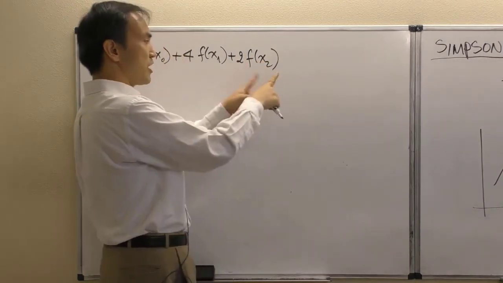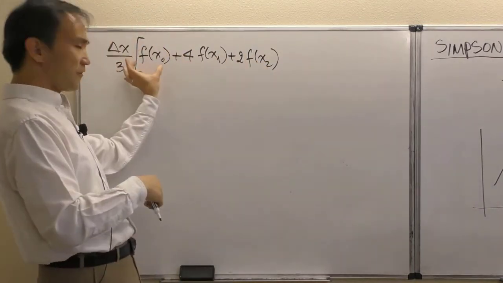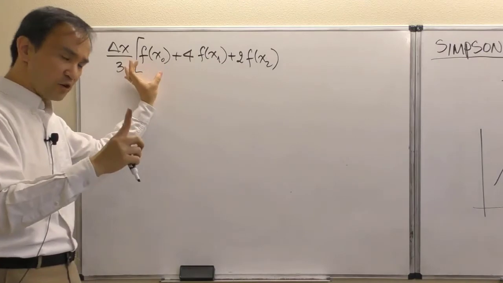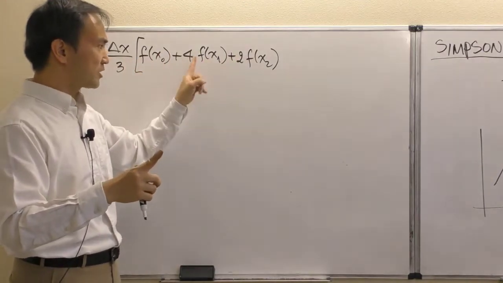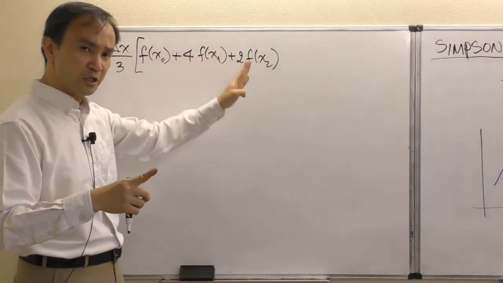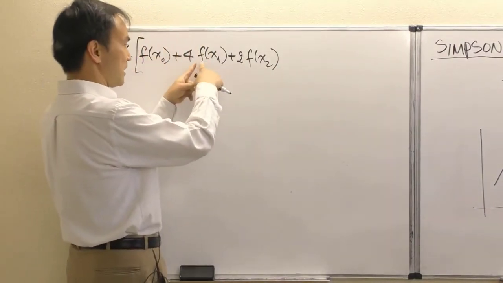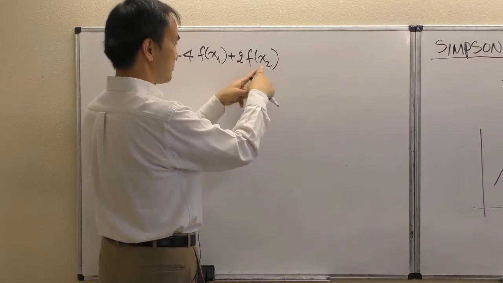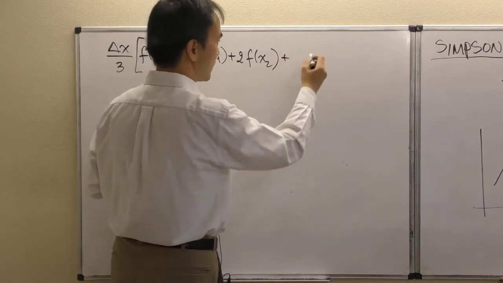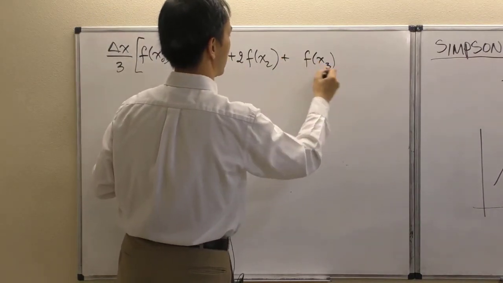But I'm going to alternate back to 4. So only the very first one here is coefficient 1. The later ones, starting with x1, are going to alternate starting with 4, and then 2, and then 4, and then 2. So 4 times f of x1 plus 2 times f of x2. The next one here, guess what? f of x3. So it's going to be 4 times.